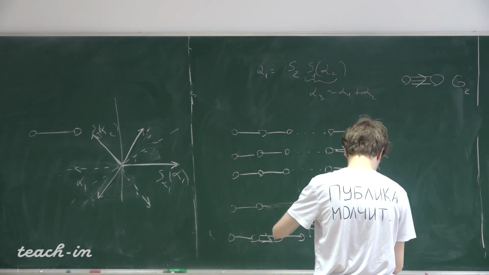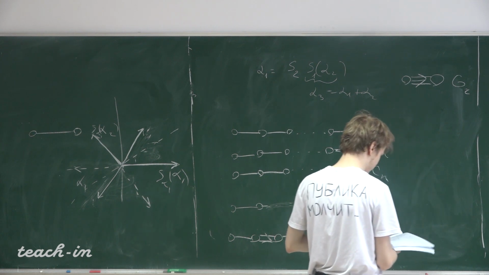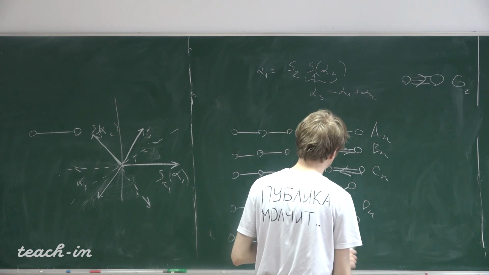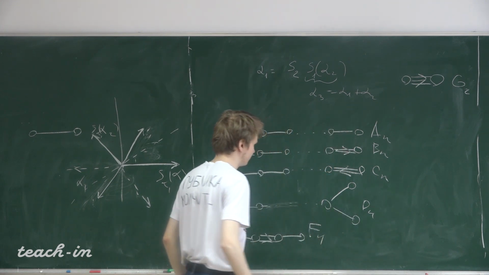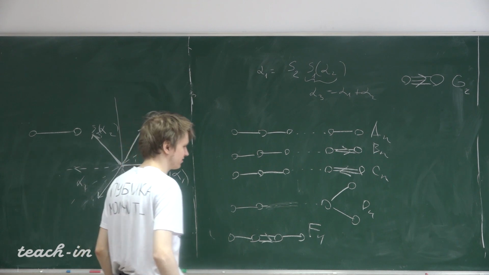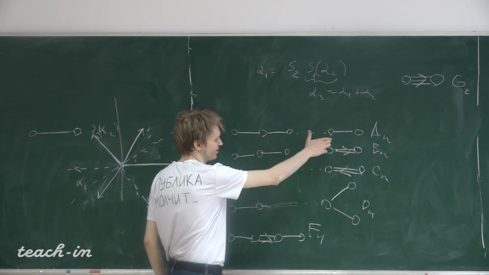And you have the E's. It's not necessary to draw all of them because they are all connected by single edges. So for E, it's clear that simple roots are the same.